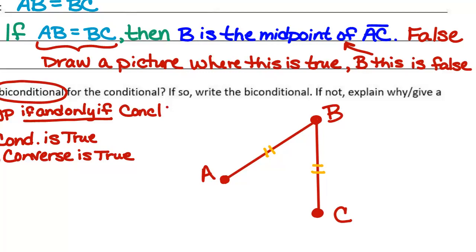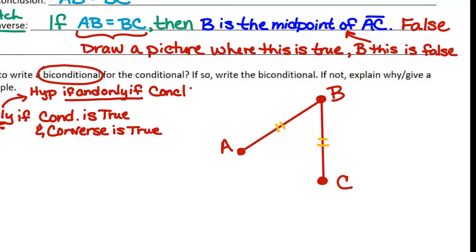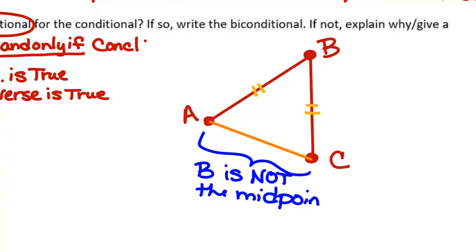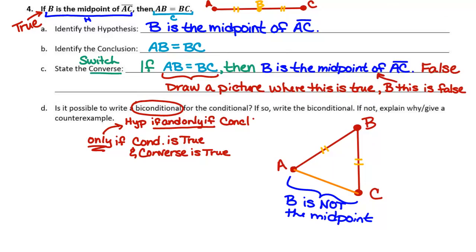And then I do need to draw in segment AC because it says B is the midpoint of AC. B is not the midpoint of segment AC because B is not even on segment AC in that picture.